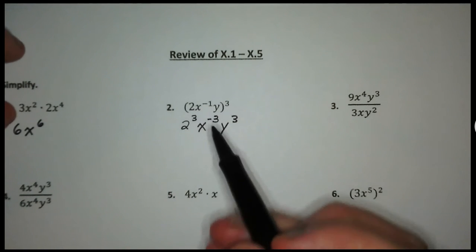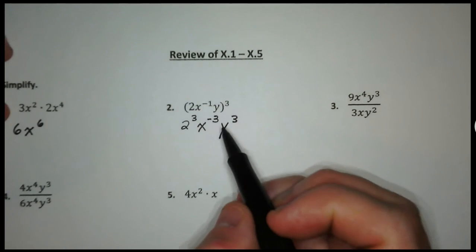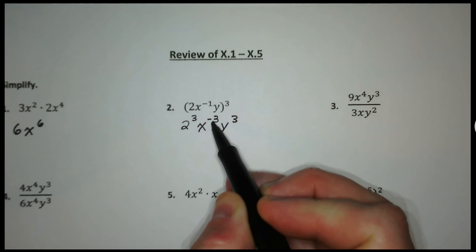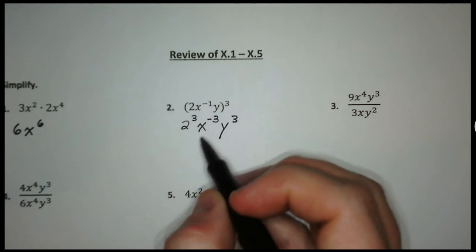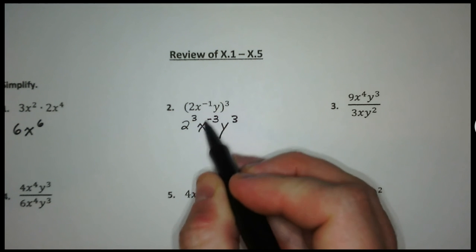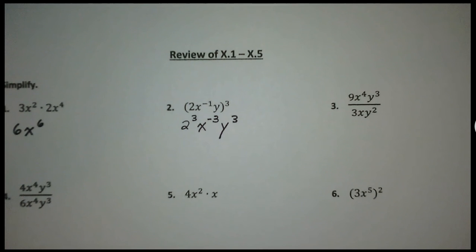So anyway, getting back on track. We have to fix that negative power. And we do that by dropping the base with that negative power down to the denominator, and we can make that negative power positive.